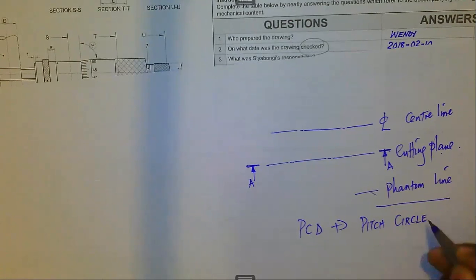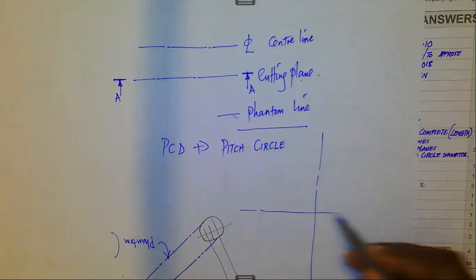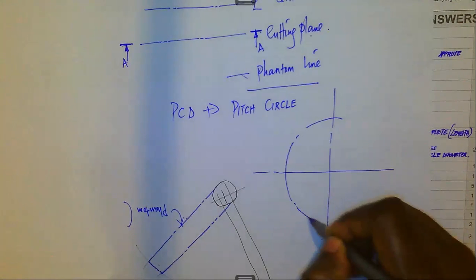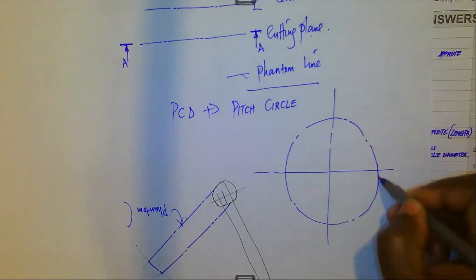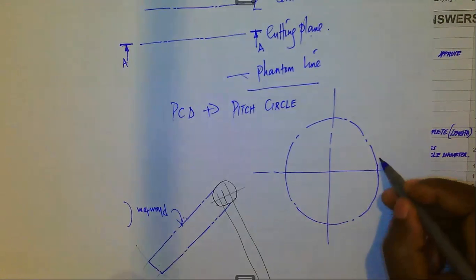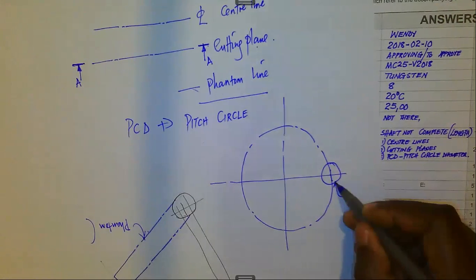And where would this one be used? If you want to draw a circular center line like that, whereby you can create a circle there.